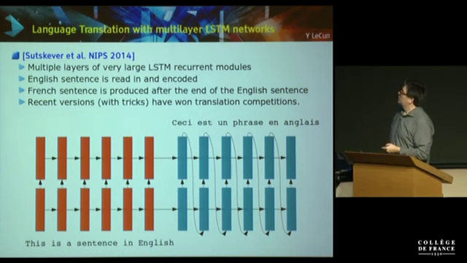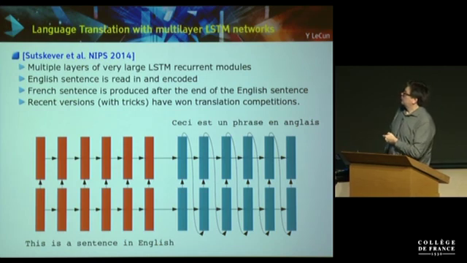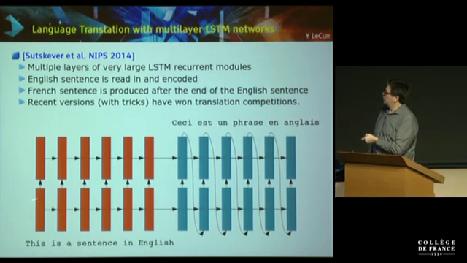One spectacular application that appeared about a year and a half ago, proposed by Sutskever et al. at Google, they take an LSTM network, stacking several layers, 4 layers, I believe.